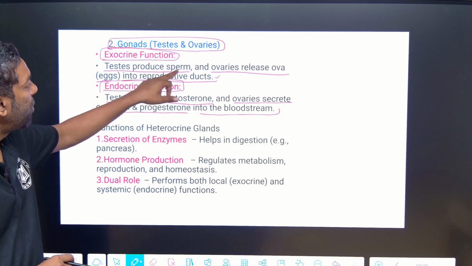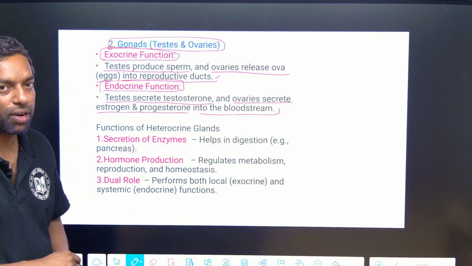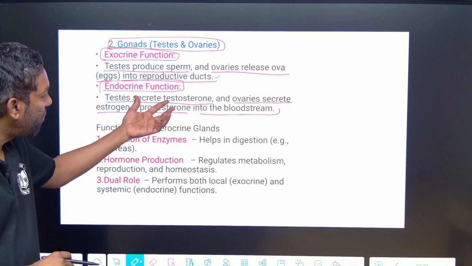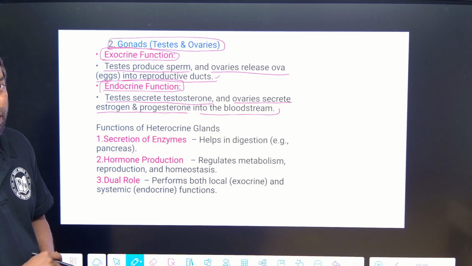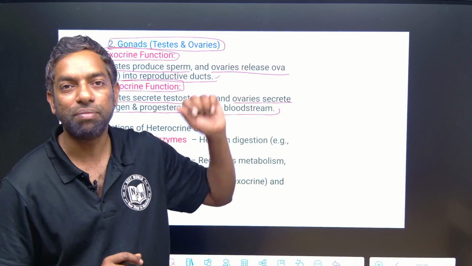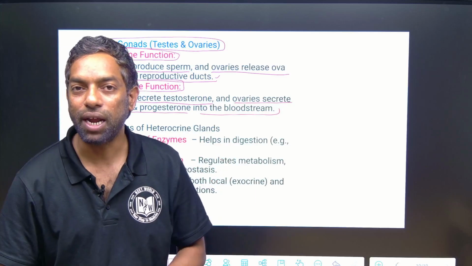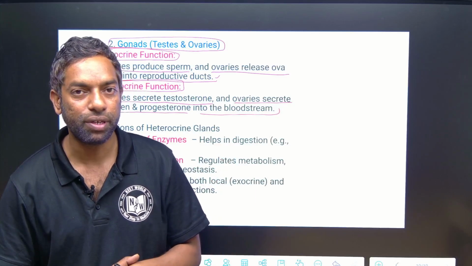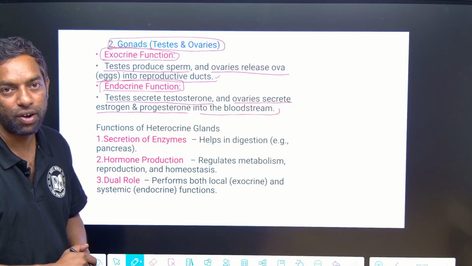The production of sperm and ova comes under exocrine. The production of hormones comes under endocrine. In the pancreas also, production of enzymes comes under exocrine, production of hormones comes under endocrine. Don't confuse.